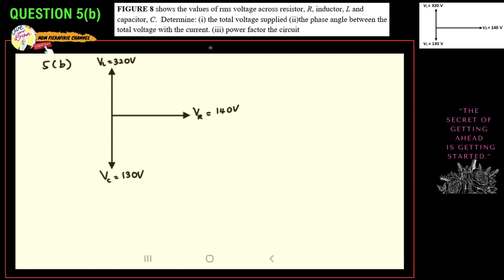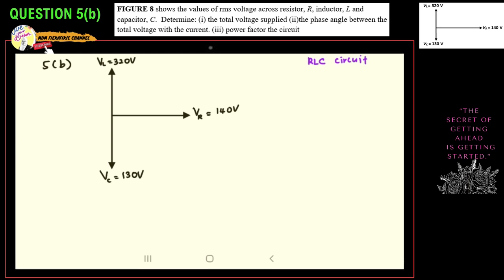Okay, questions 5B. So figure 8 shows the values of the RMS voltage across resistor, inductor, and capacitor. Okay, so this time we have RLC circuit. Okay, so determine the total voltage supplied, the phase angle between the total voltage with the current, and the power factor of the circuit.